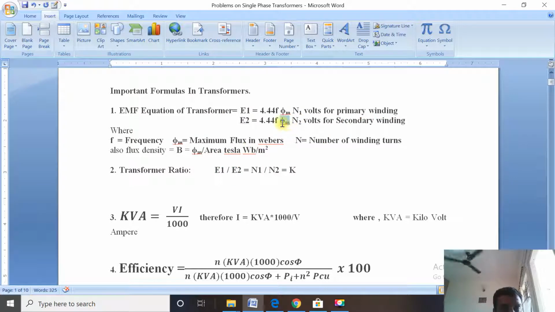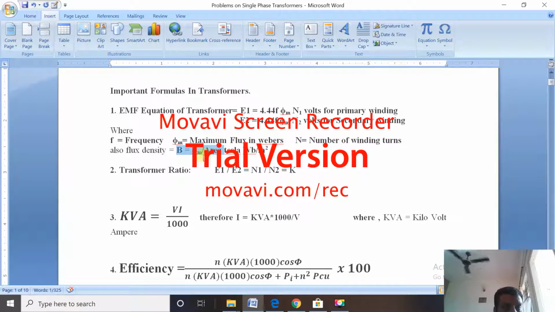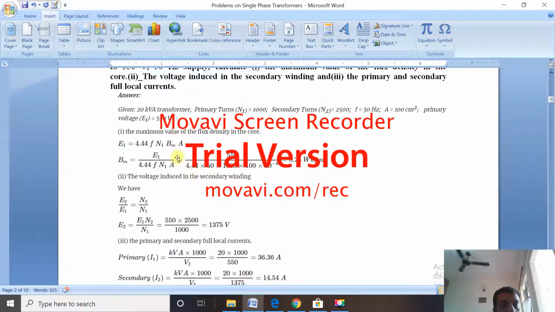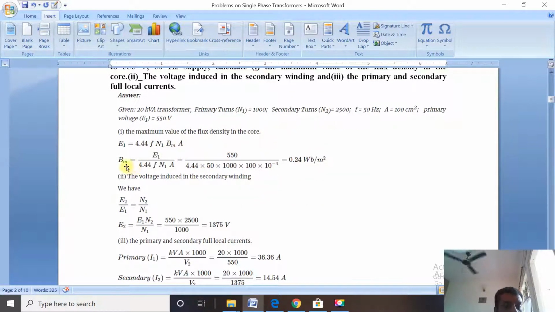In the place of phi_m, I'm using B into area. We know that B is equal to phi_m by area, so phi_m is equal to B into area. From this we have to calculate B.